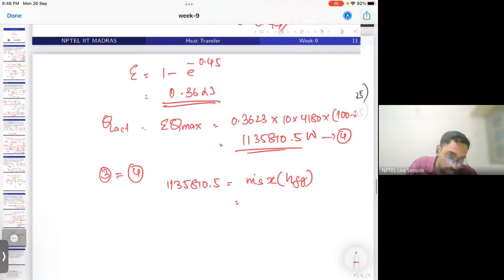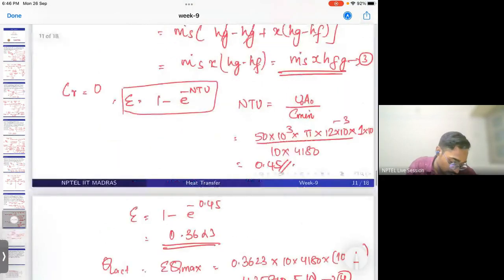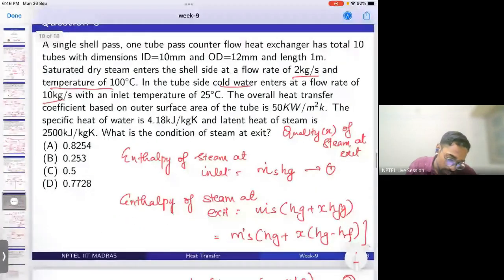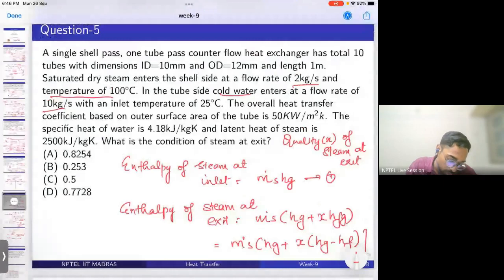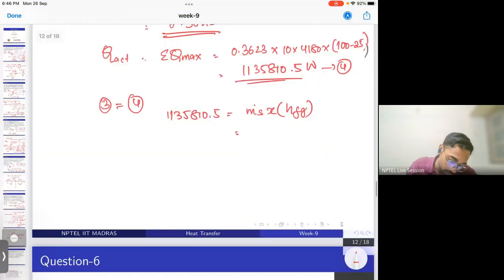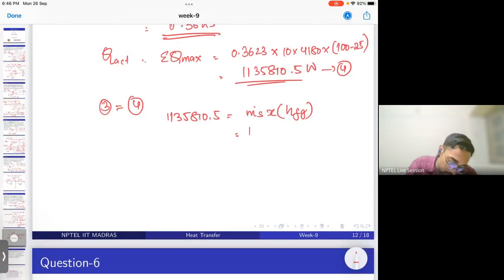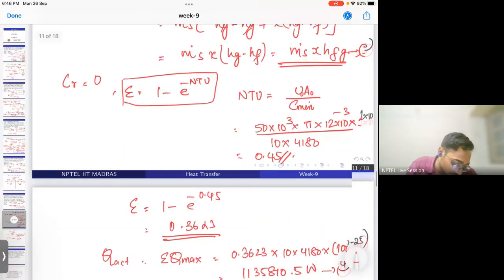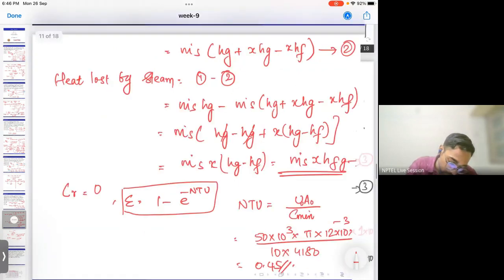That is, mass flow rate of steam is given how much? 2 kilogram per second, and the latent heat of steam, that is HFG, is also given. That is 2 into X into 2500 kilojoules.